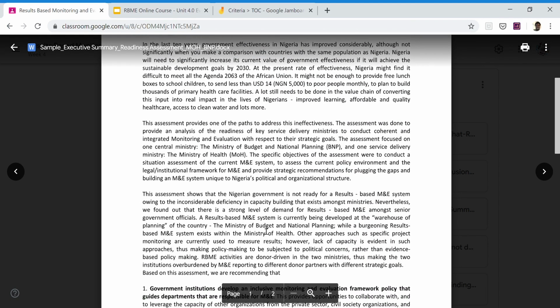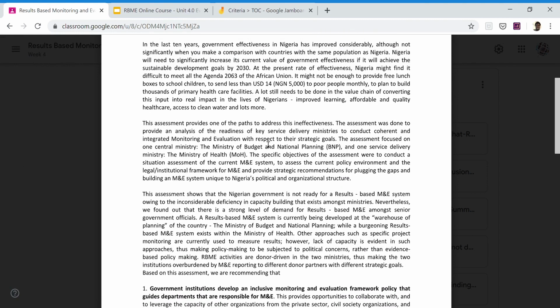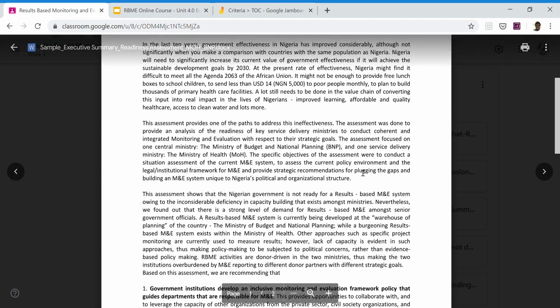You can see this assessment shows the findings, and it focused on one ministry, the Ministry of Budget and Planning. So this is the methodology, in brief, and these are the findings in brief.